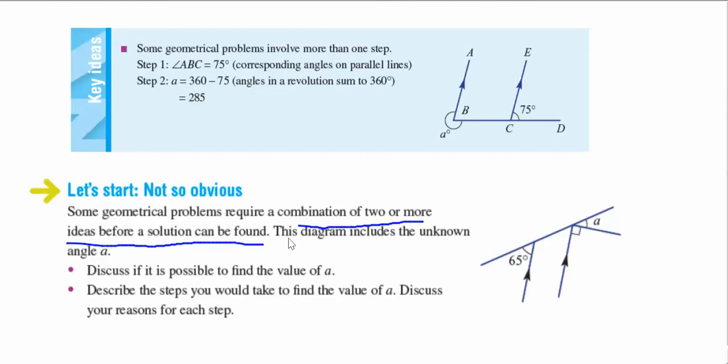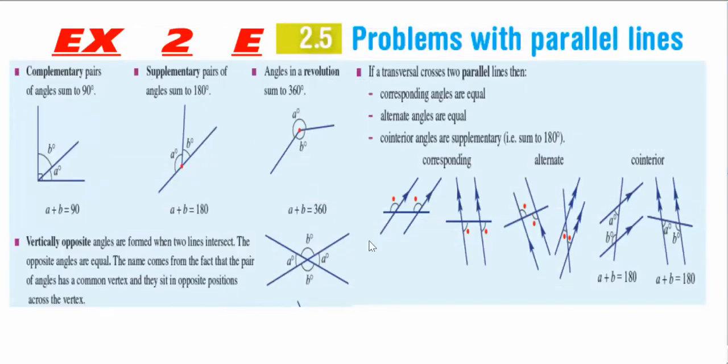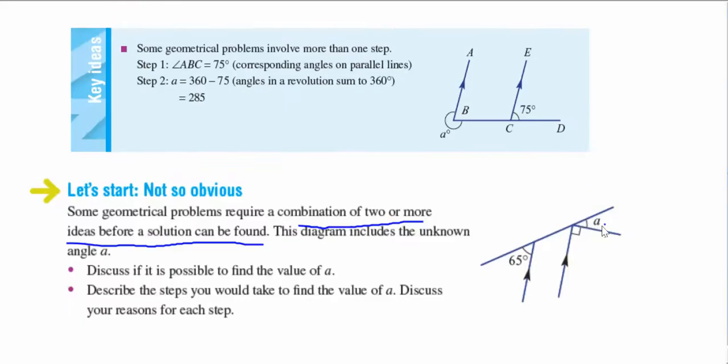This diagram includes an unknown angle A, which is over here. Can you find A? If you think about this problem and some of these other ideas, can you use these concepts to help you find this angle A?